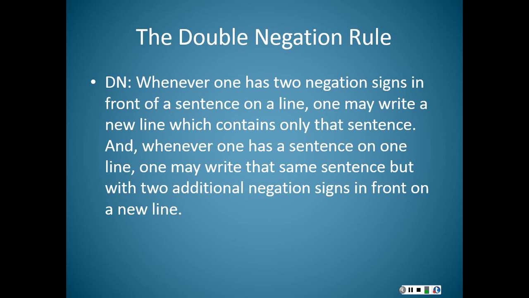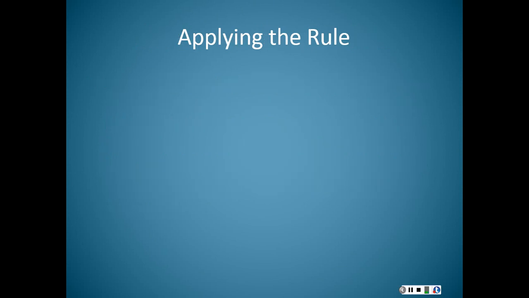So let's look at an application of the rule. Here's the argument pattern that we just introduced: not not P, therefore P. We want to prove that it's valid. We start as usual by writing down our premises.